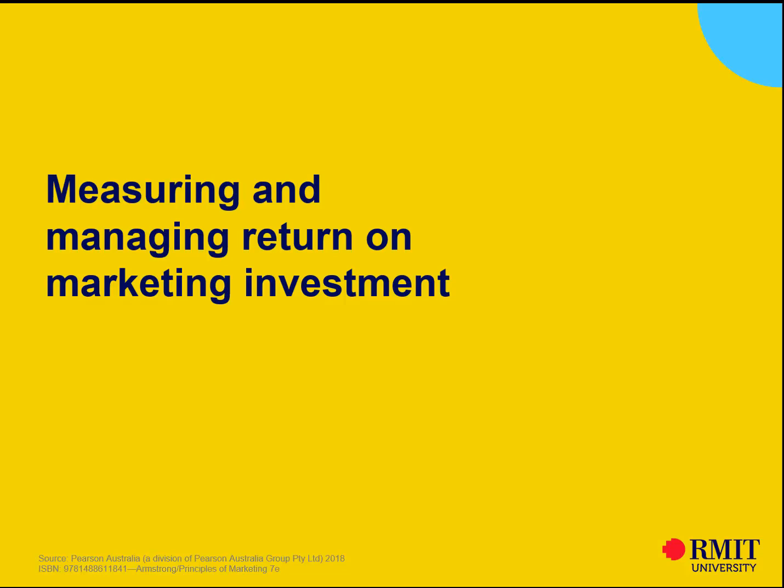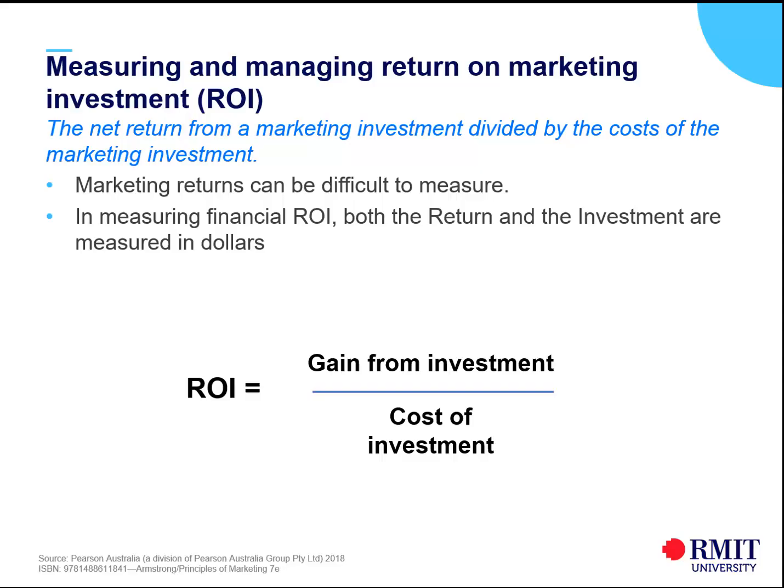So this area is very straightforward. It's about measuring and managing return on the marketing investment. So what we're looking at here is the net return from our marketing investment divided by the costs of the marketing investment itself. So marketing returns can be very difficult to measure. Think about when we were looking at setting our communications budget and we were using the objective task method.